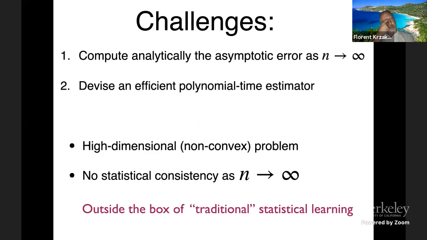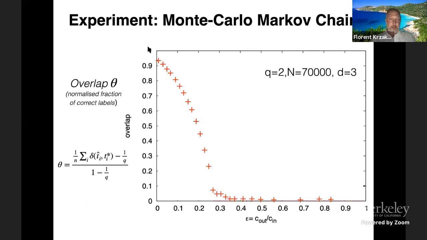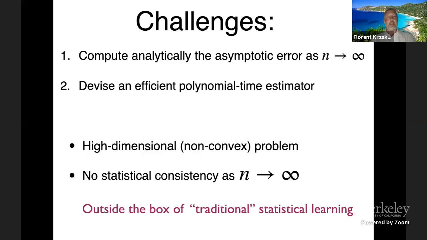All right, so what do we really want to know here? What are the challenges? Well, we would like analytically to get the asymptotic error. We would love to have an analytic formula that gives us this line when the number of variables goes to infinity. Of course, we would also be interested in devising a polynomial estimator because MCMC is maybe not the best thing to do, and it's not always fast.